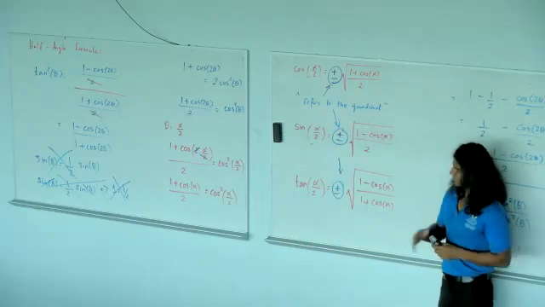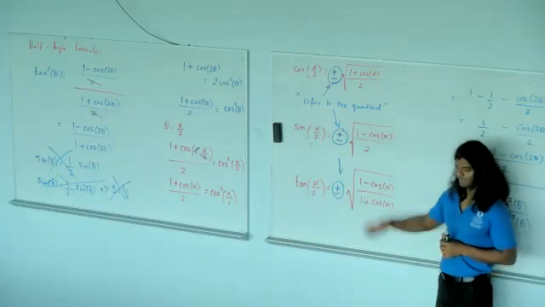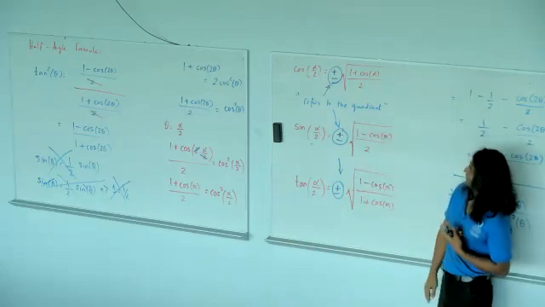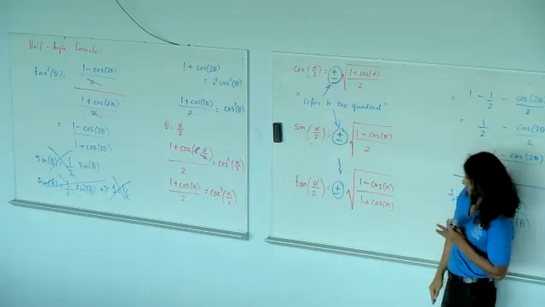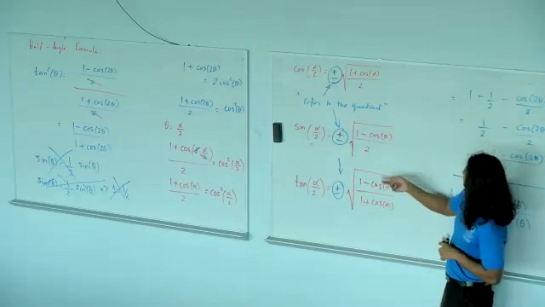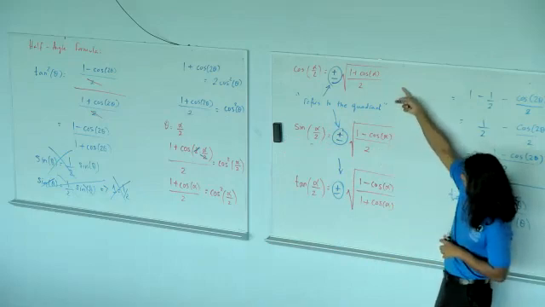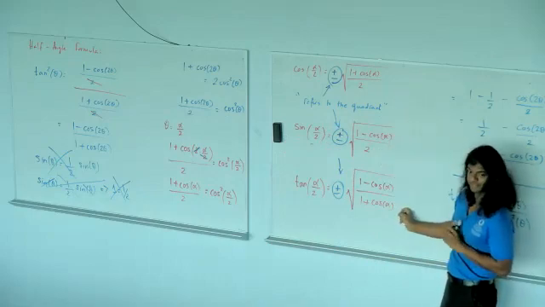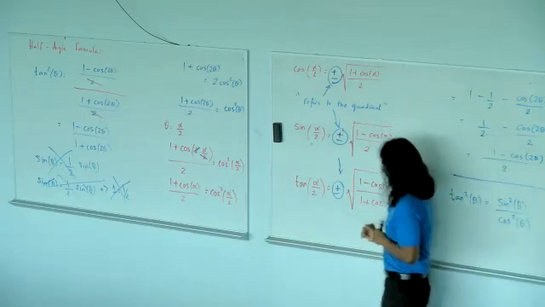So Nolan's logic: tangent alpha over 2 is sine over cosine. Divided that by that to get that. Yes, one way of looking at it.